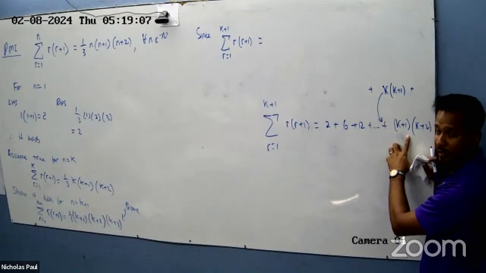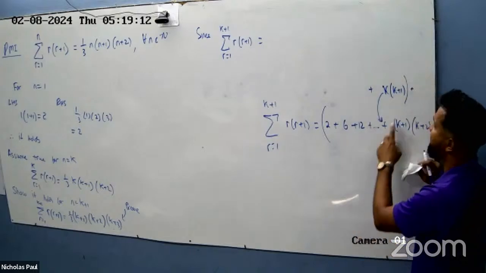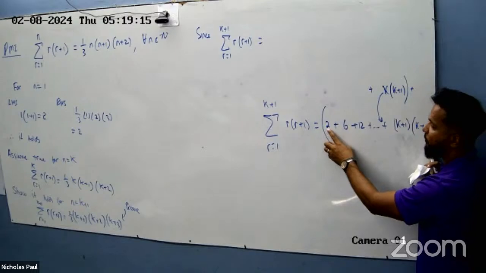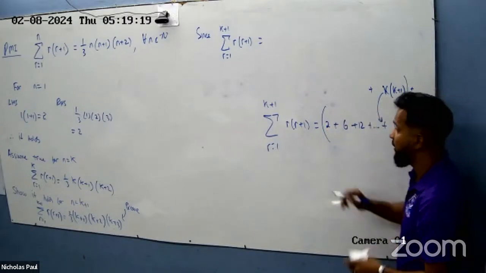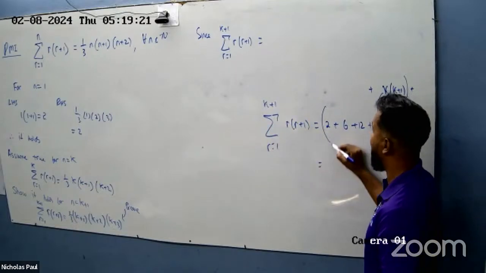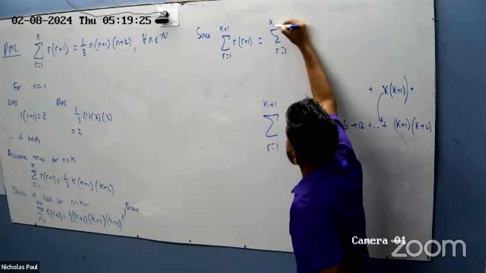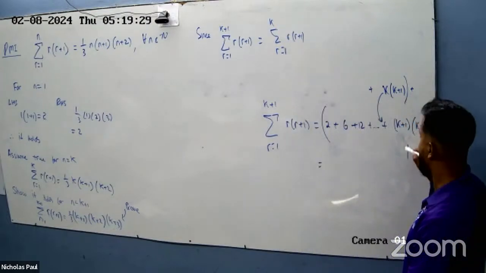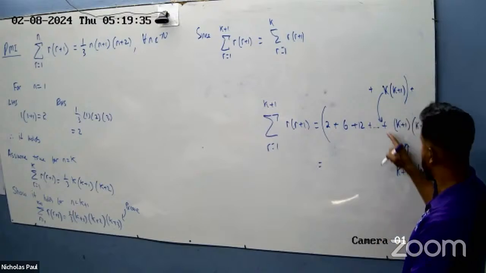If I were to group this up now, what is it equal to? The sum of the first term to the kth term, plus the k plus 1 term. This is the k plus 1 term.